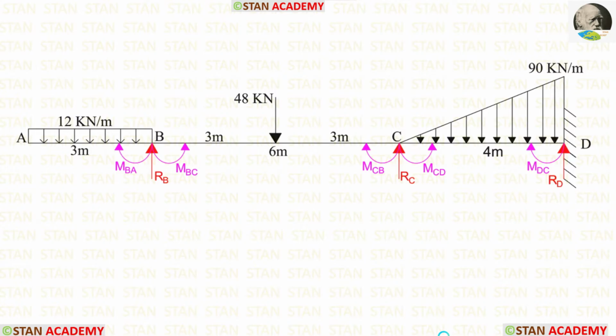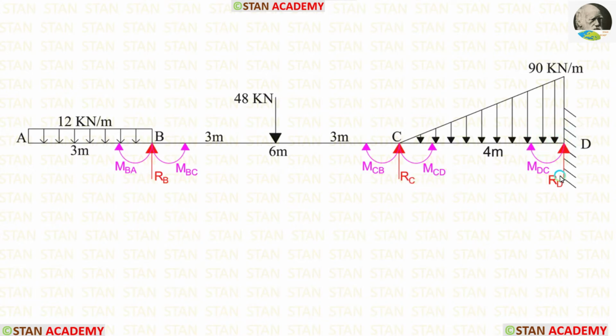In this analysis, we have to find 5 moments. In the joints, there will be 2 moments. In the joint B, there are 2 moments, MBA and MBC. In the joint C also, there are 2 moments, MCB and MCD.